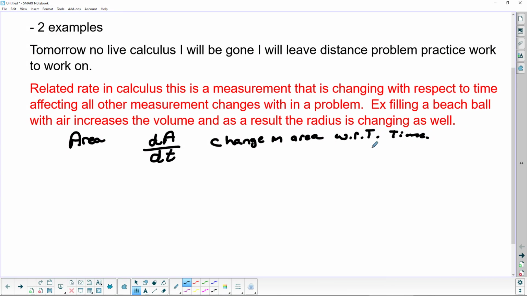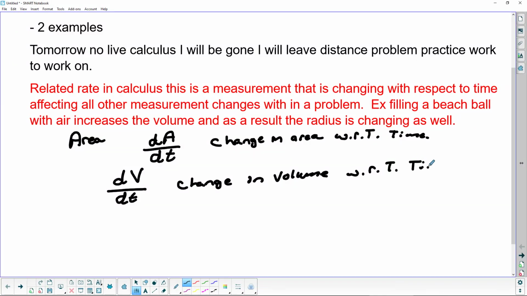Okay, so if you were going to do volume, this could represent volume. So basically, your related rates all have this dt on the bottom.